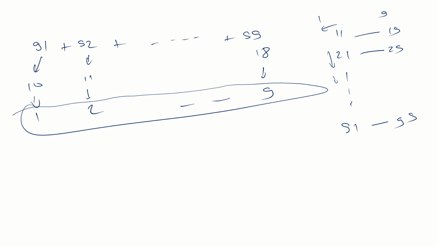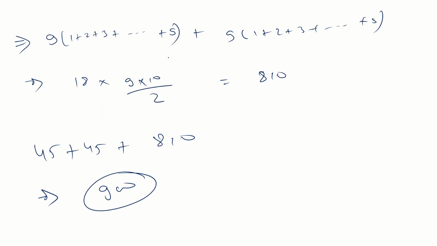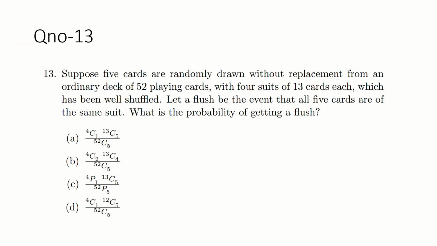It will repeat, like 1 plus 2 here. So that's why I'm writing this 2 times. This is a lower bound, this is an upper bound. So I sum it up and we get the 810, and just add up 45 plus 45 plus 810. You will get the answer, that's 900. Okay guys, this is so easy.